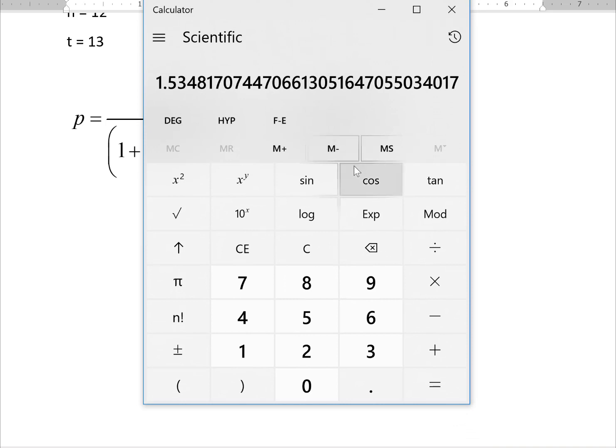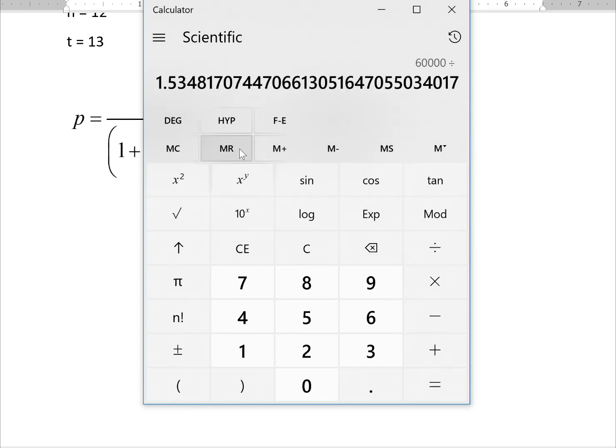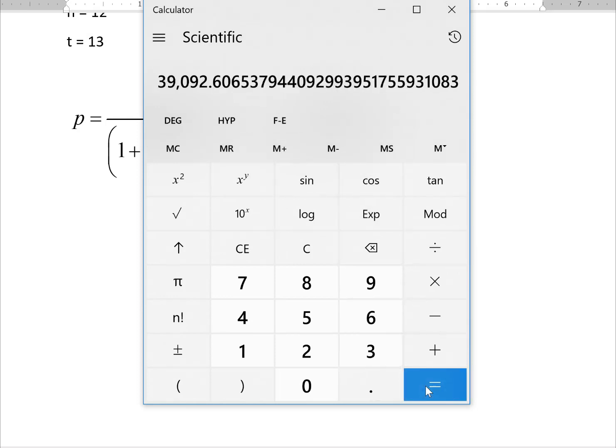And then again, notice I'm going to be dividing that number into 60,000. Now my calculator here has a memory, and so if I put this into memory plus, it's going to store that number in the memory. And I'm going to say 60,000 divided by, and then I'm going to hit memory recall. It's going to pull up that number I just calculated, and there's the final answer.